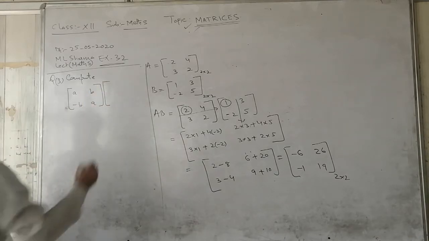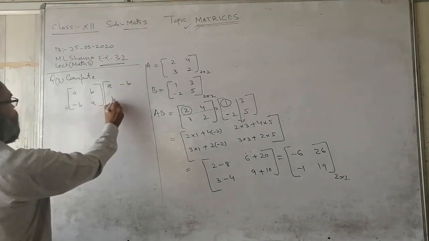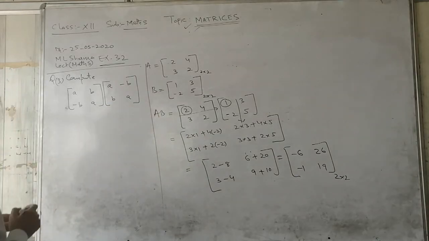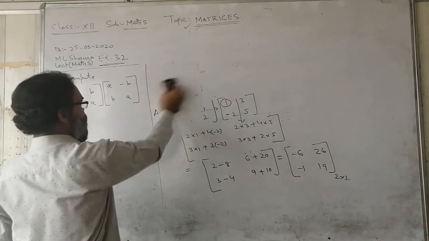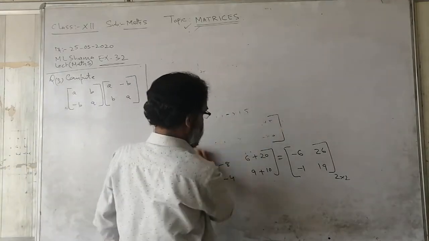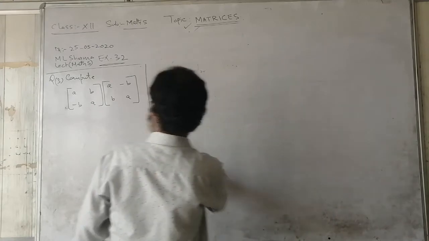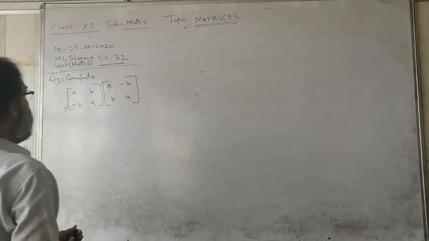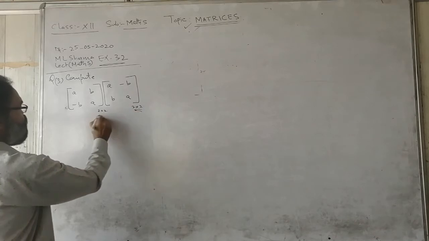The second matrix is A, minus B, B and A. So how will we multiply these two matrices? In the same way as done in the previous question. So again 2 by 2 matrices, both are of the same order.